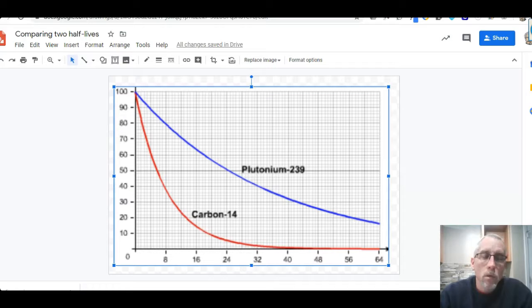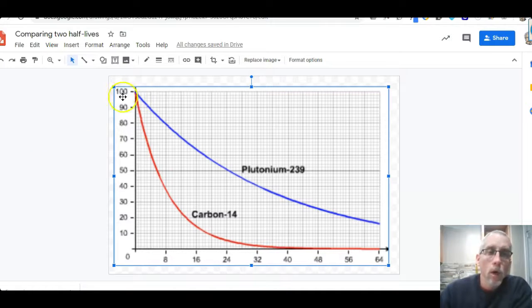So here's a graph where we start with 100 particles of two different isotopes, a carbon-14 and a plutonium-239. So two totally different kinds of nuclei. One of the questions we could ask here and see on the graph is, what is the half-life of each of these? How long does it take to get down to half of what you start with?